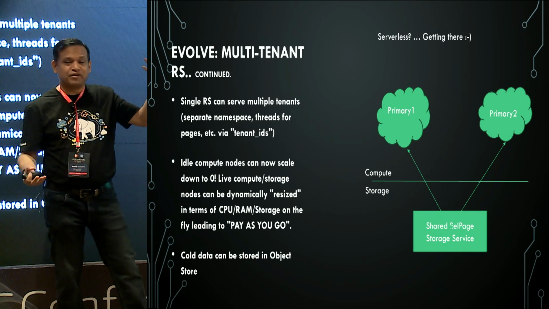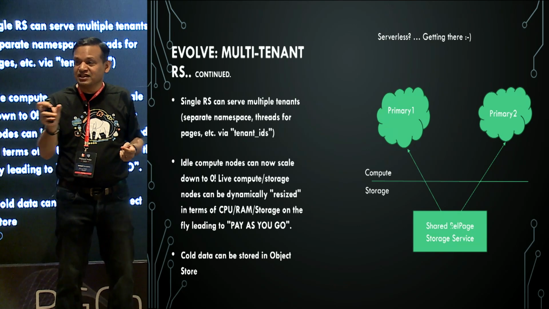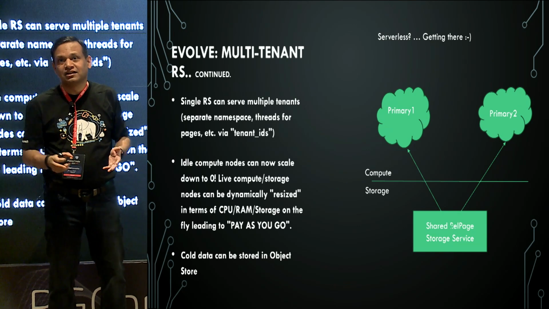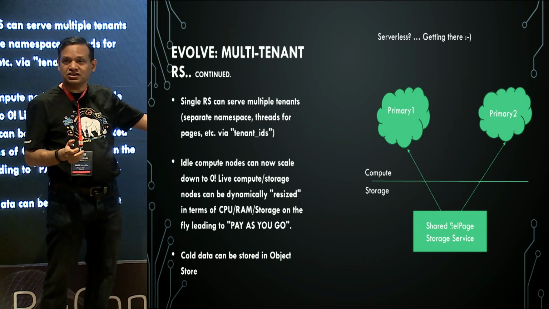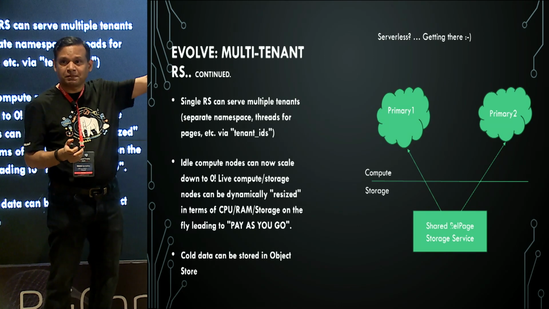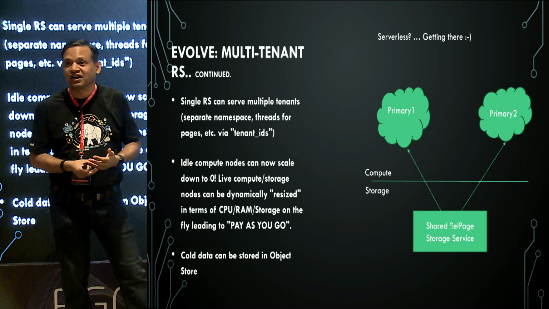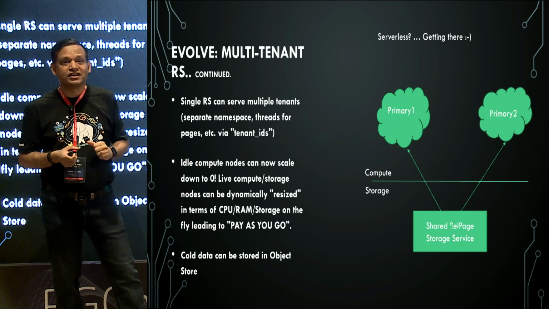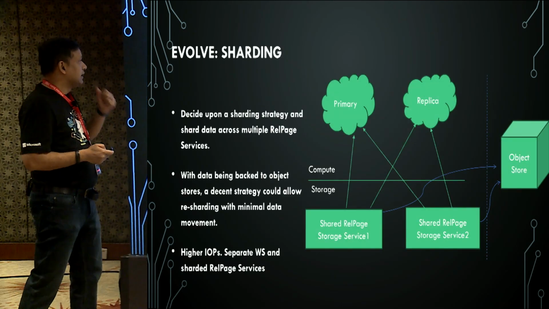So every query that comes will say, give me the page inside this tenant ID. This way, you can easily get multi-tenancy with this architecture, and a single rel page server can work with multiple tenants. Obviously, this wouldn't have been possible at all in the earlier monolithic architecture, where everything is tied to one instance. But now here you can have multi-tenancy.